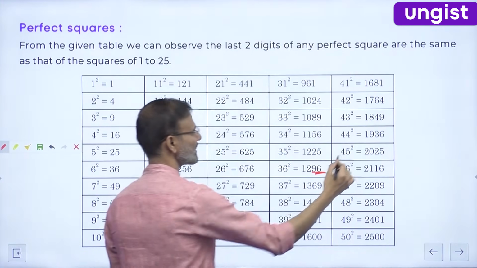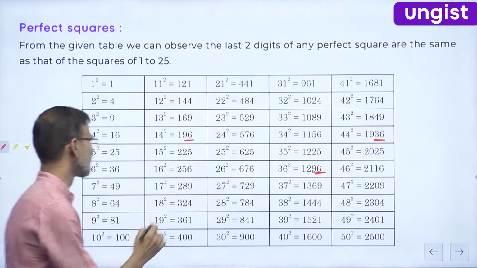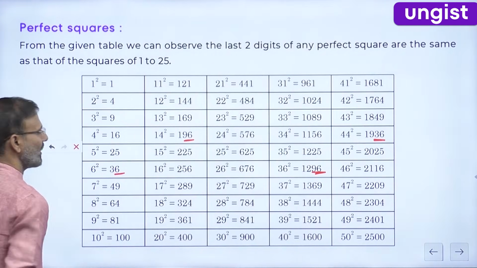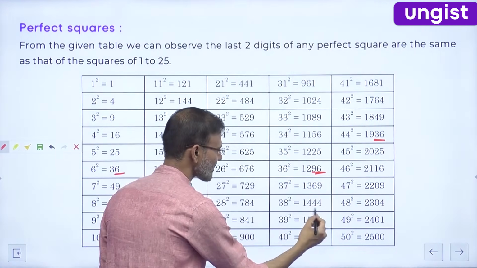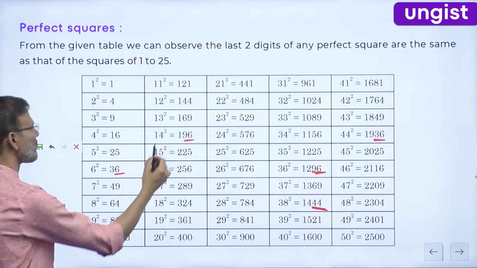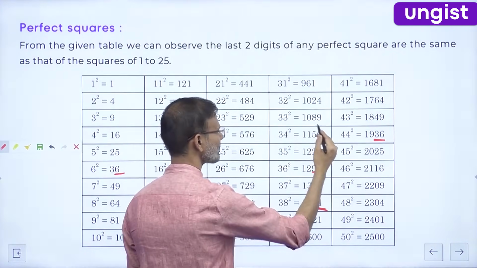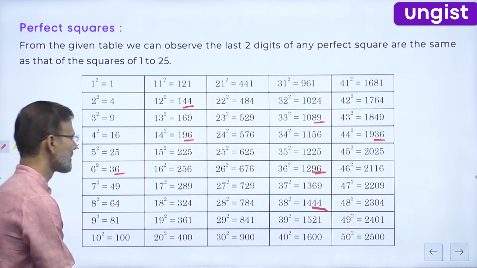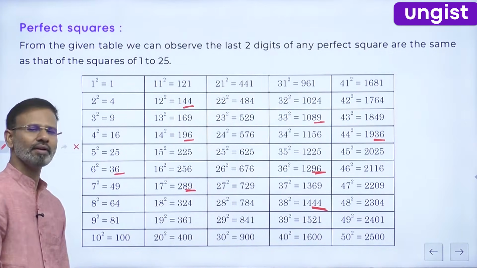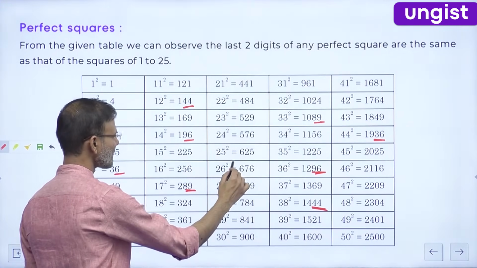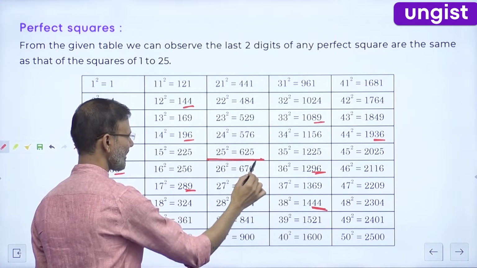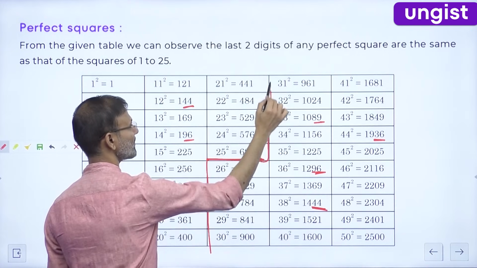Any other number? Let's say it is 36. 36 is there in the table, right? Any other number? Let's say the last two digits are 44. So 44 is here. The last two digits are, let's say, 89, right? So 17 squared is what? 289. Everybody, the last two digits of the squares after 25, right?